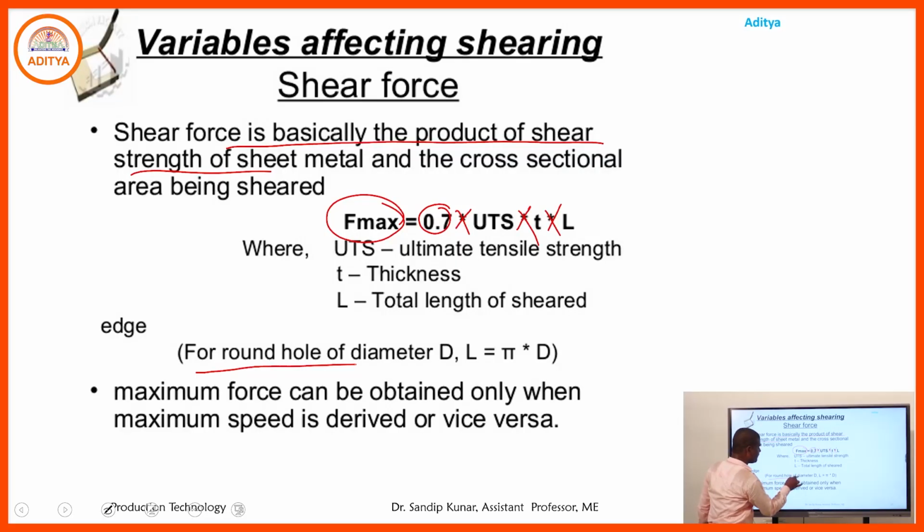For a round hole of diameter d, the total length will be equal to pi into d. Maximum force can be obtained only when maximum speed is derived or vice versa. Using that formula we calculate the shear force.